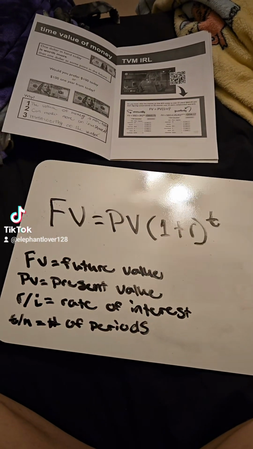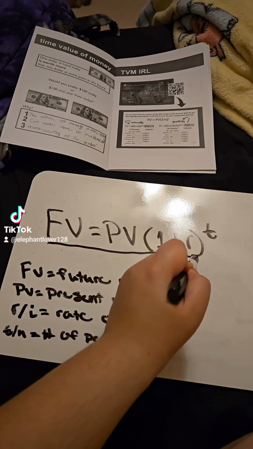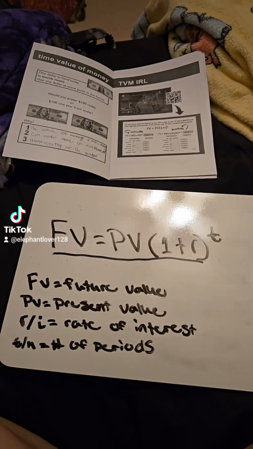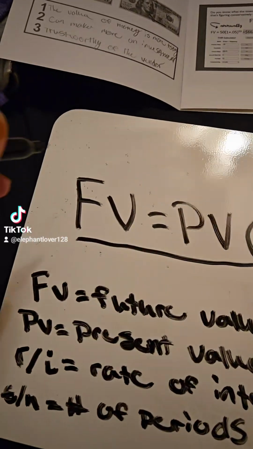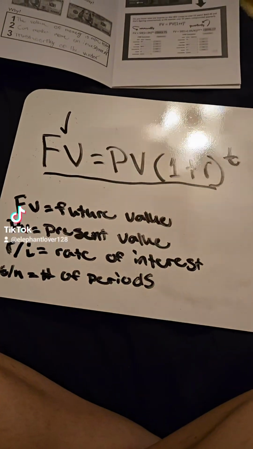So with that being said, because this is the basic time value of money equation, this is the equation to solve for FV.